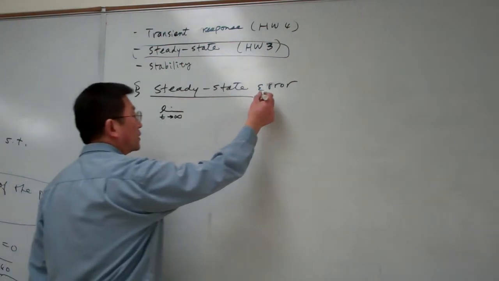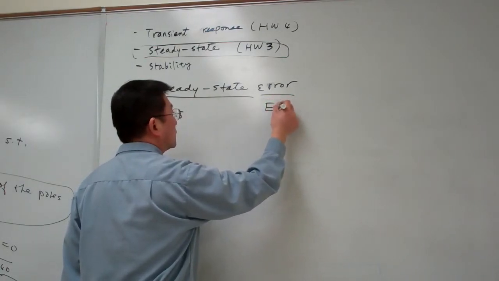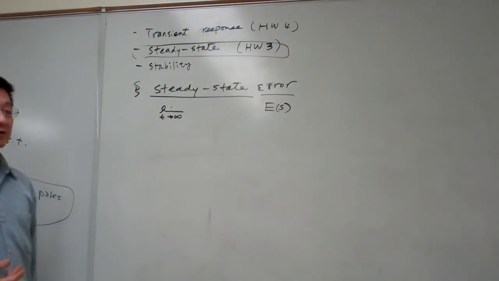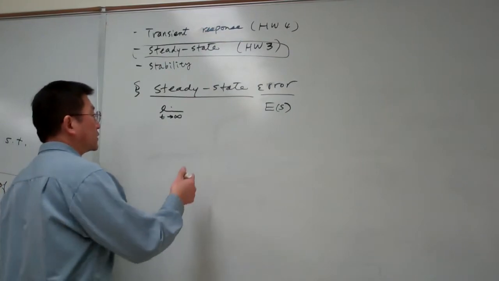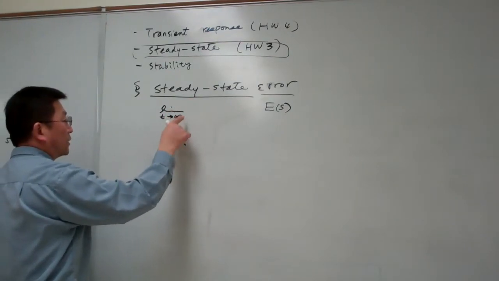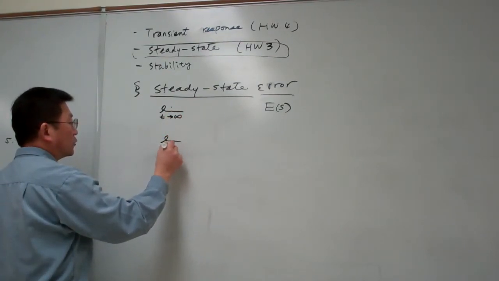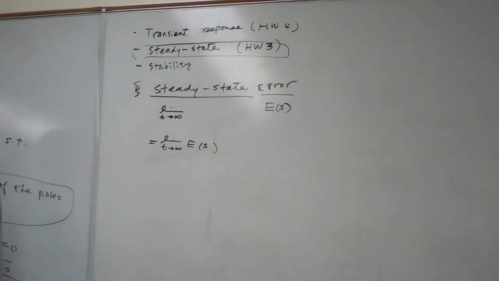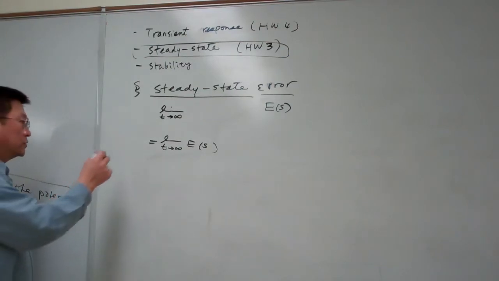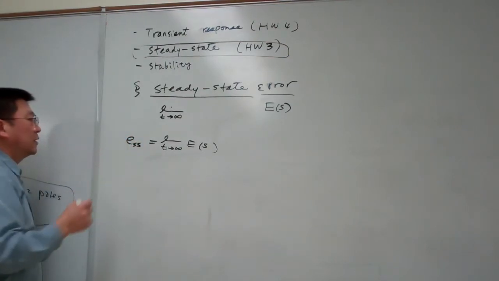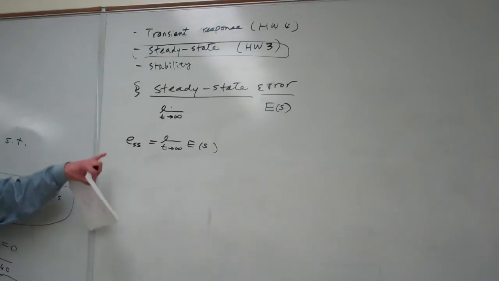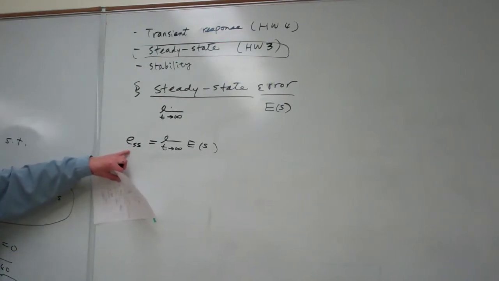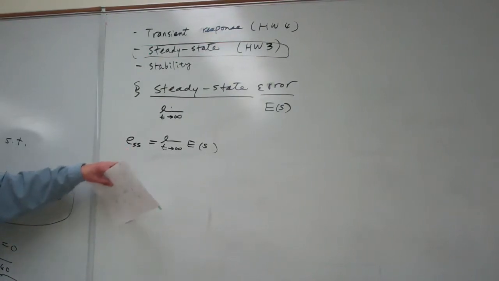Error, in terms of our notation, is E of S. So basically, steady state error is the limit as t approaches infinity of E, and in controls we use e_ss as a common notation for error at the steady state.